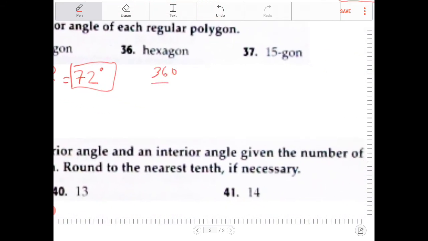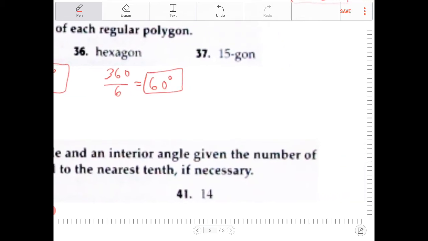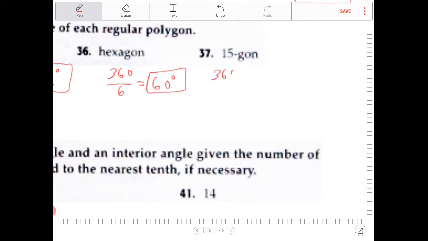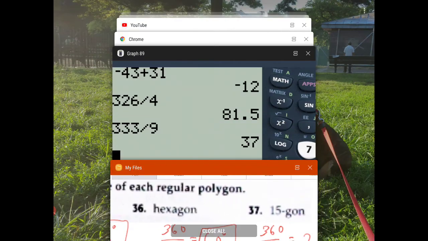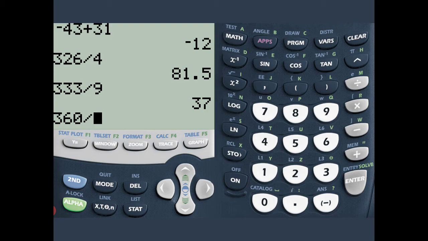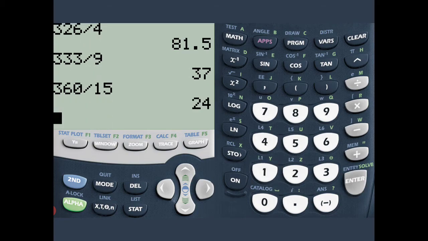Hexagon, 360 divided by 6 is 60. And a 15-gon, 360 divided by 15, what is that? 24.